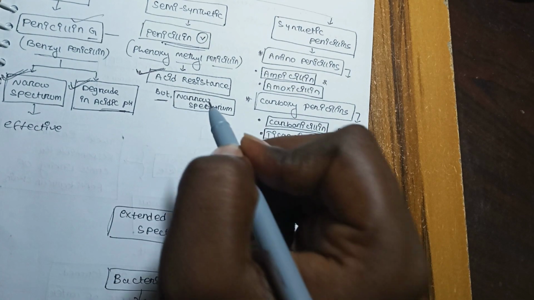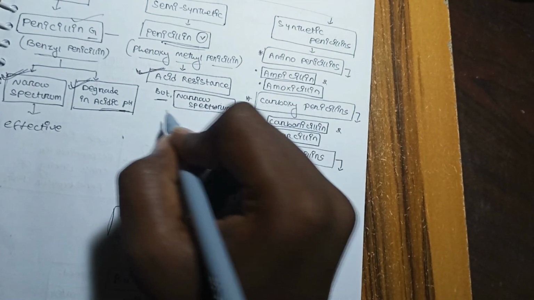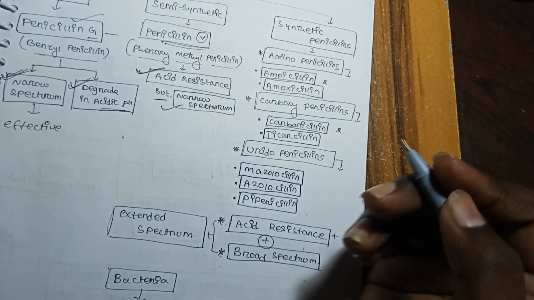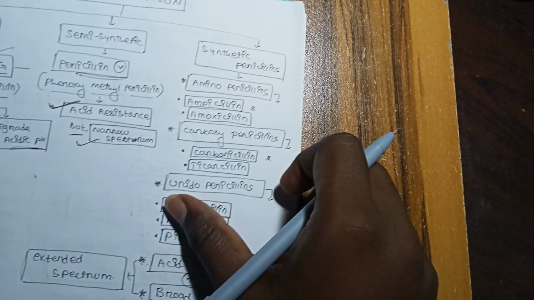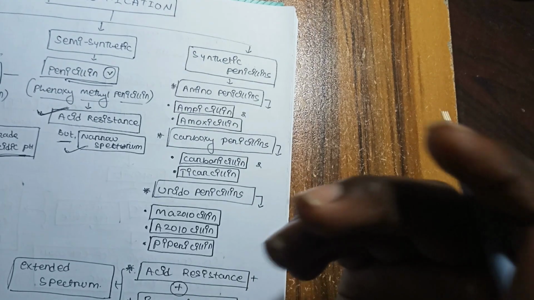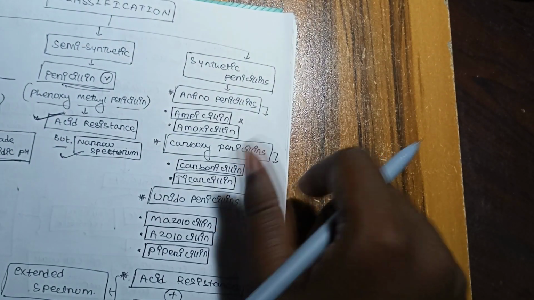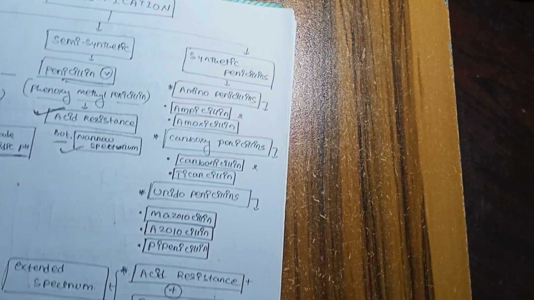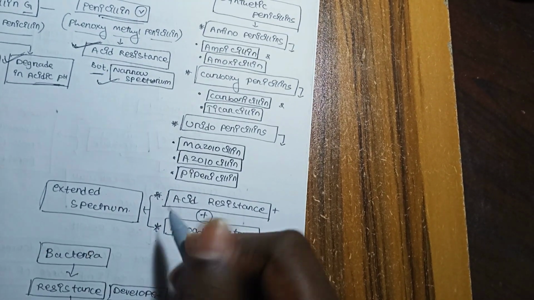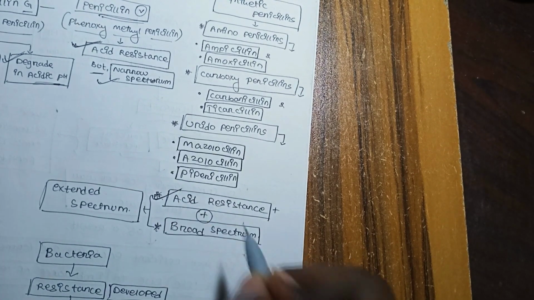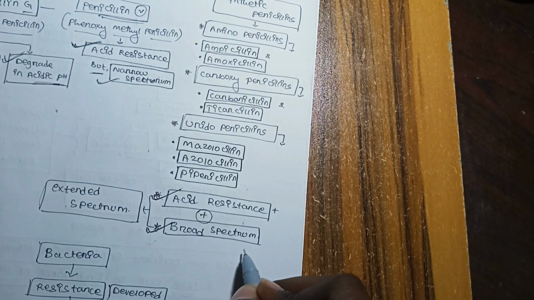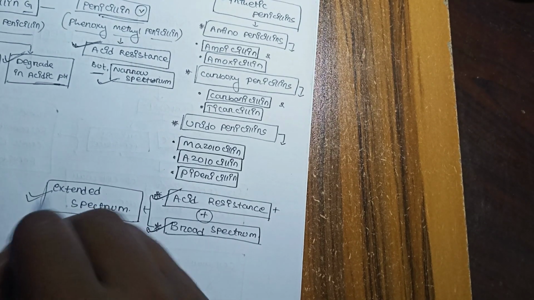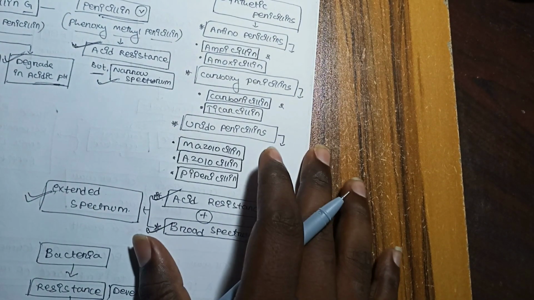But here is also a demerit: the spectrum of activity is narrow. So again, scientists developed another type of penicillin, the synthetic penicillins. These penicillins are acid resistant and have a broad spectrum of activity, so they are also categorized as extended spectrum antibiotics.